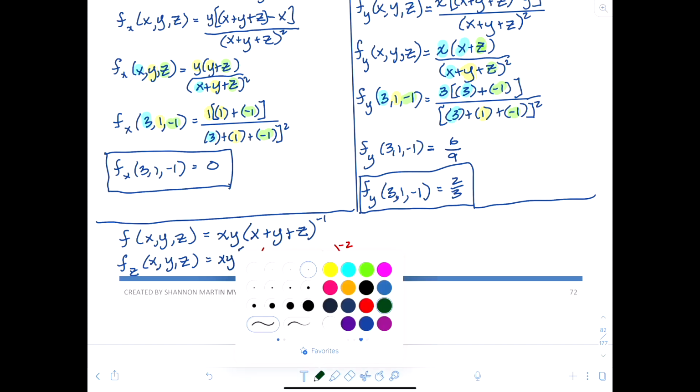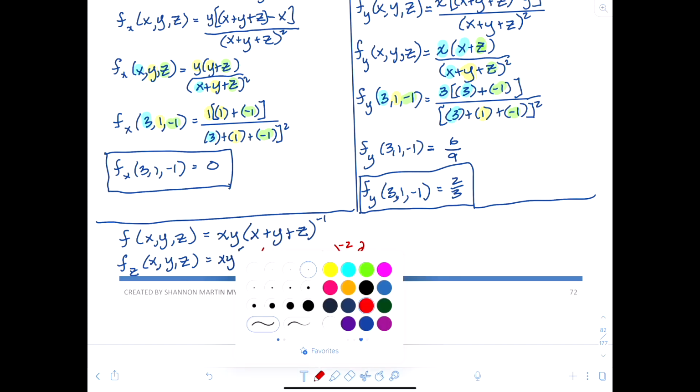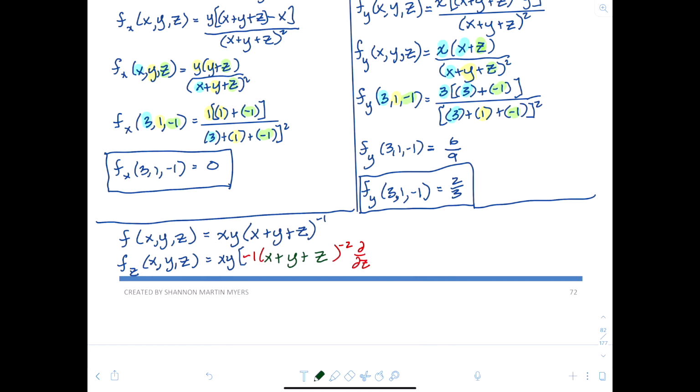And then what are we going to need to do? We're going to need to find our d dz of x plus y plus z.